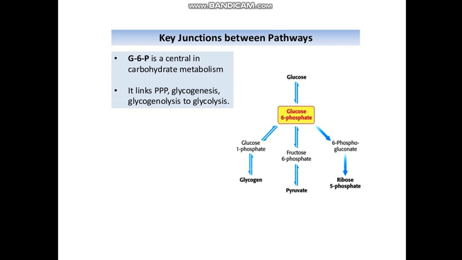Glucose is converted to glucose 6 phosphate, which takes three pathways: glycogen synthesis, glycogenesis, glycolysis, and the pentose phosphate pathway. And it links the pentose phosphate pathway, glycogenesis, and glycogenolysis to glycolysis.